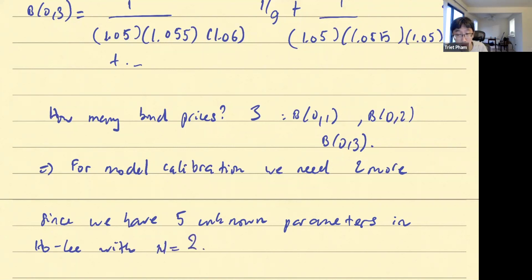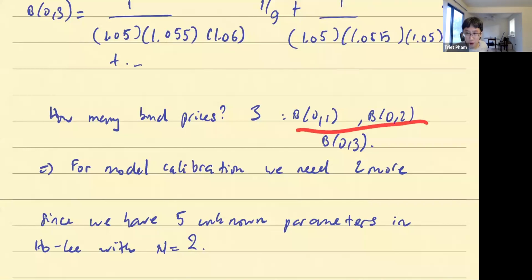Is that okay? So again, right, you see how interesting this is. That say for the stock model, you only have actually one unknown parameter, the volatility, the implied volatility sigma. And you have so many call options to fit. And so the problem, usually you cannot fit all of them because you only have one parameter. With the interest rate, you have the opposite. You have a lot of freedom.